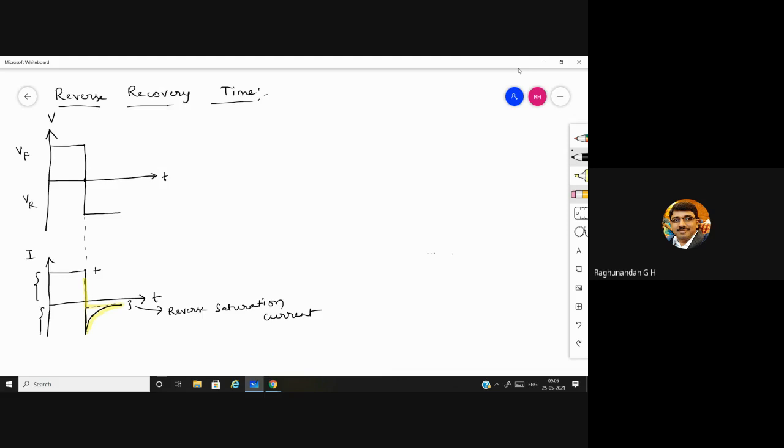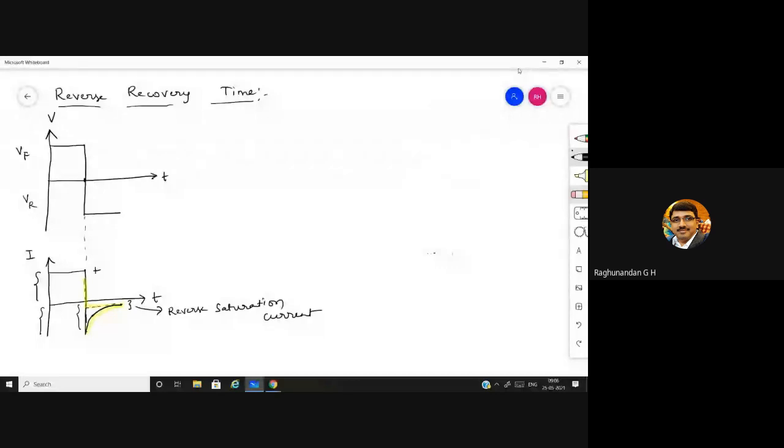Right? So if you observe here, it is almost having the same amount of current that it had in the forward bias condition, but in the reverse direction. That means the same amount of charges are flowing. Slowly, gradually, it starts decreasing with respect to time, and after a certain time duration, it is going to reach the reverse saturation level.